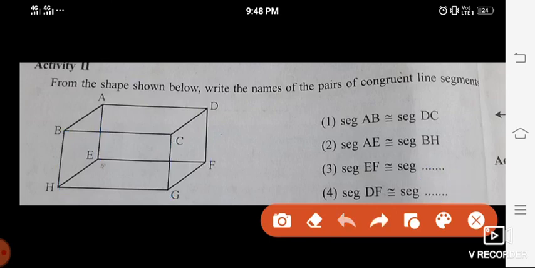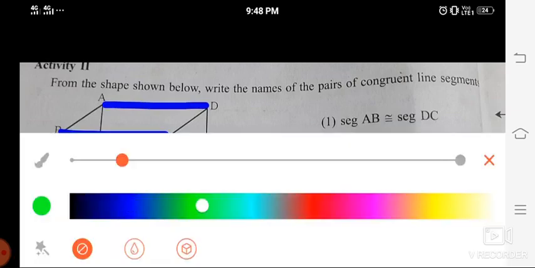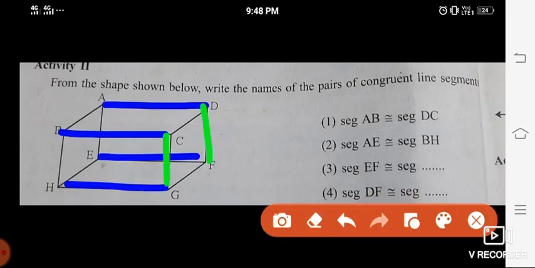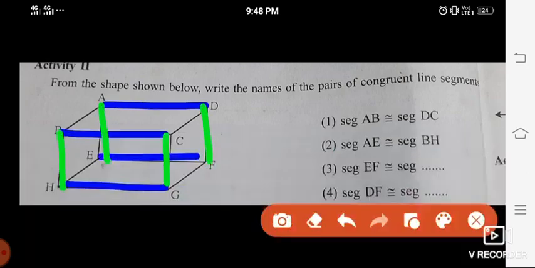I hope you have understood the congruent segments, how to recognize them. The segments which have equal length. Here these horizontal ones are having equal length. Next, vertical ones are also having equal length, and also the slanting ones are having equal length.